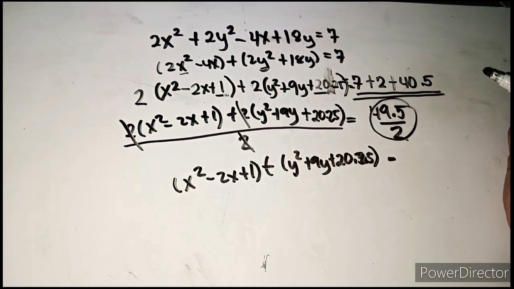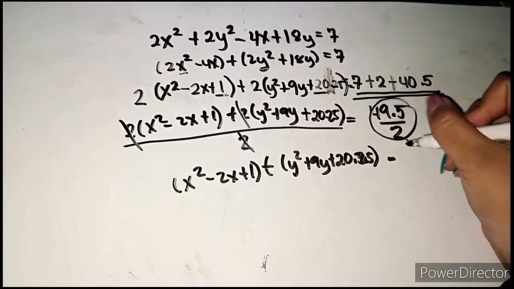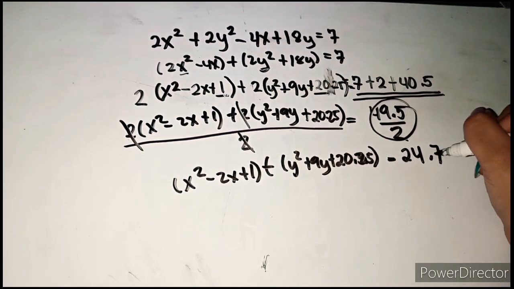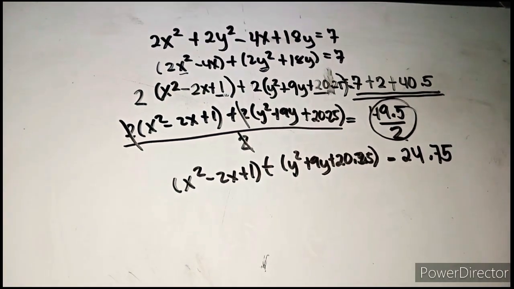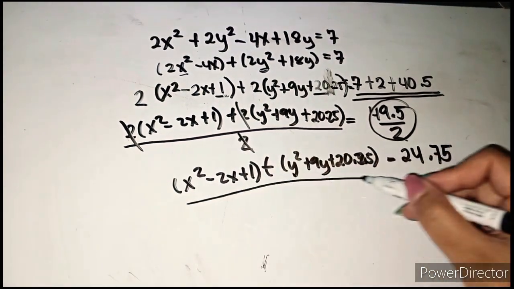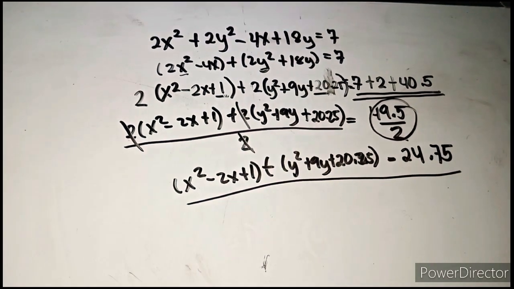So, 49.5 divided by 2 is equal to 24.75. Okay? Okay, so now, pwede na po nating i-transform itong equation na to into standard form.